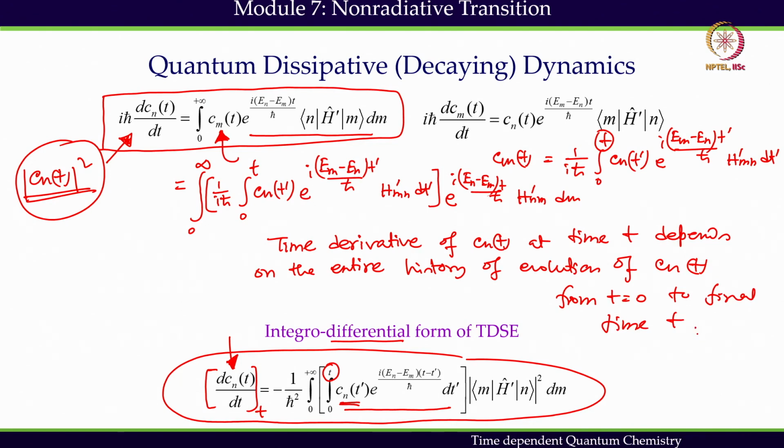Because it depends on the entire history, that's why it is called the integro-differential form of the TDSE. It is the same TDSE, but in an integro-differential form, assuming that the wave function was expressed as a linear combination of the initial state and all final states.